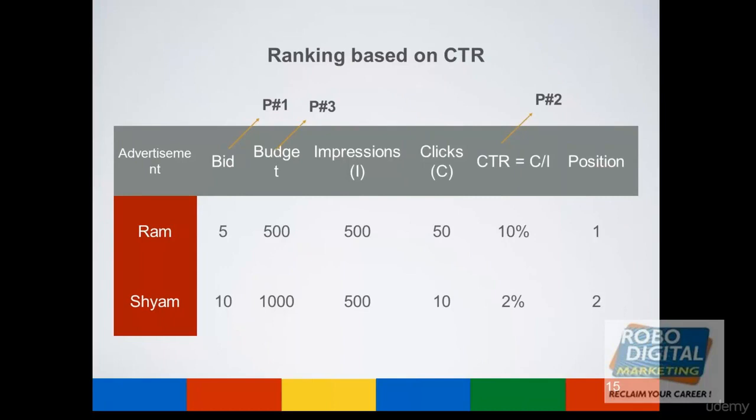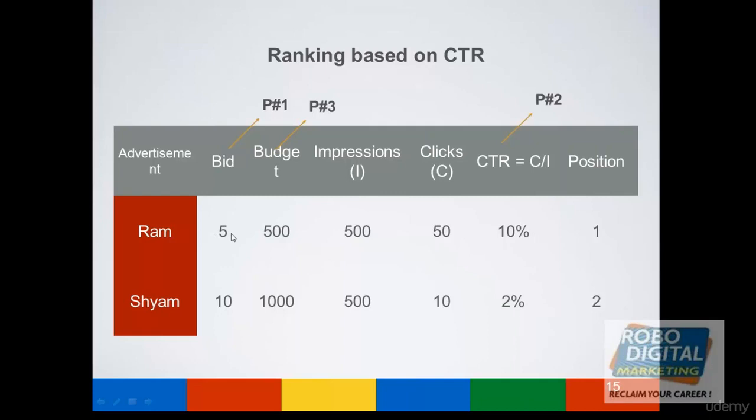Generally, we have seen if the bid is high, the position of the advertiser should be higher. But if you look at this case, Ram is getting the first position because his CTR is high. Why has Google kept CTR in the loop? Because if you calculate the amount, Ram is bidding 5 rupees and he is getting 50 clicks.